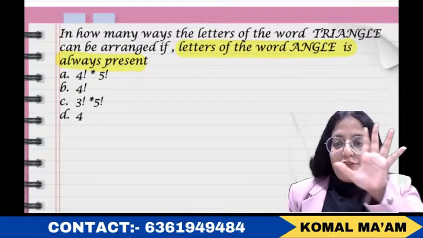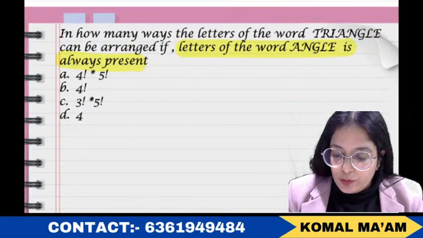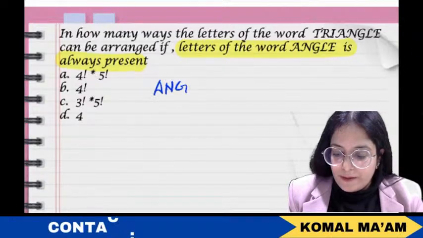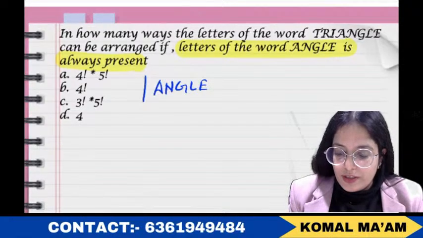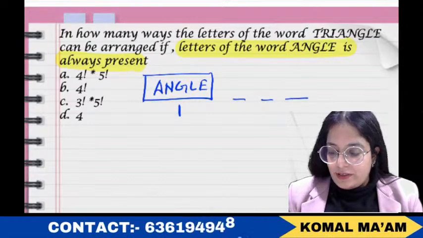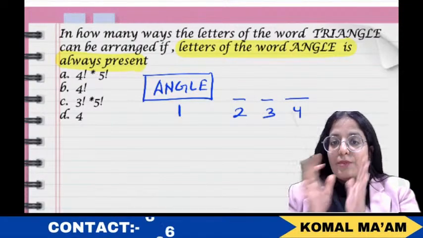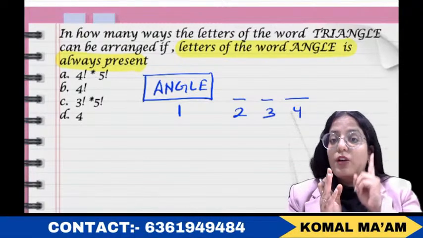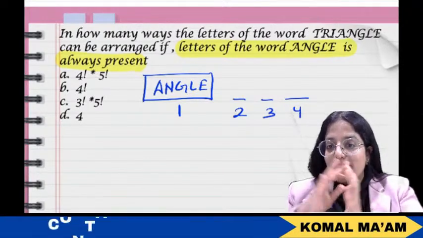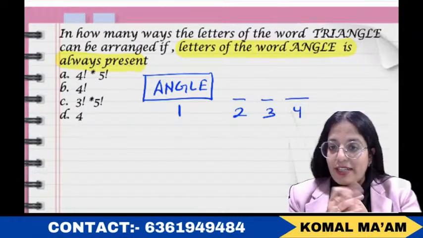So again 5 letters, but we'll assume it to be 1. So this will be your 1, right? Then remaining 3 letters. All in all, you had 8 letters, but 5 letters we have taken as 1, and you are left with 3 more letters. So all in all, you have 4 places, 4 letters to fill.